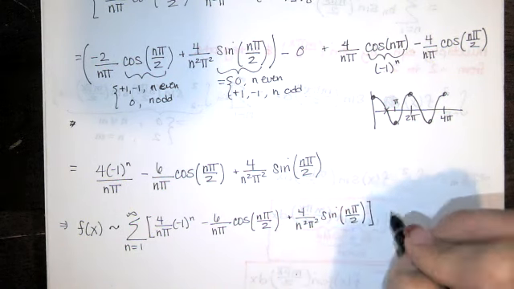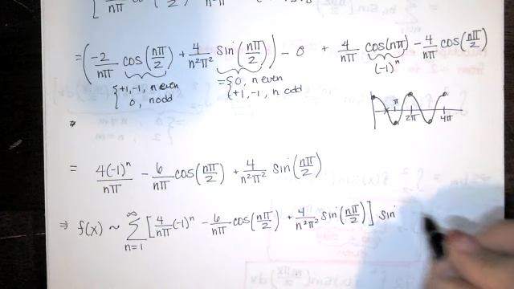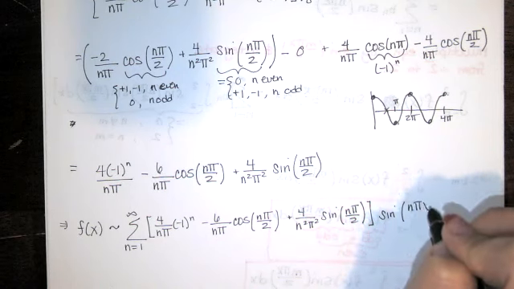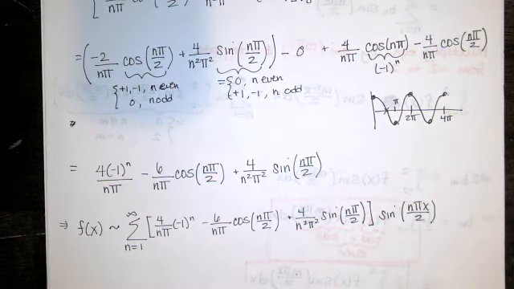That times the corresponding sine function. We're going to have a sine of n pi x over L, where L is 2. And those are going to be sine functions of different frequencies.